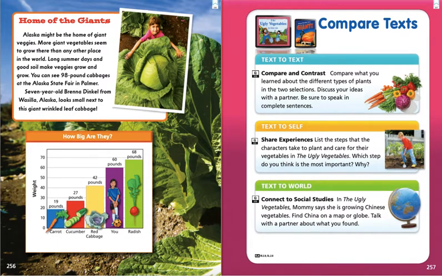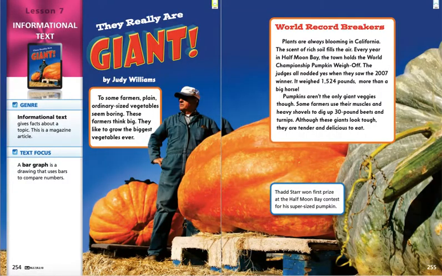Okay. So now let's talk about how our two stories are the same. The Ugly Vegetables and They Really Are Giant. So let's think about them and compare them. How are they the same? Well, one way that they are the same, obviously, especially if you look at the pictures that you see right here on this page, is both stories obviously talk about vegetables, right?